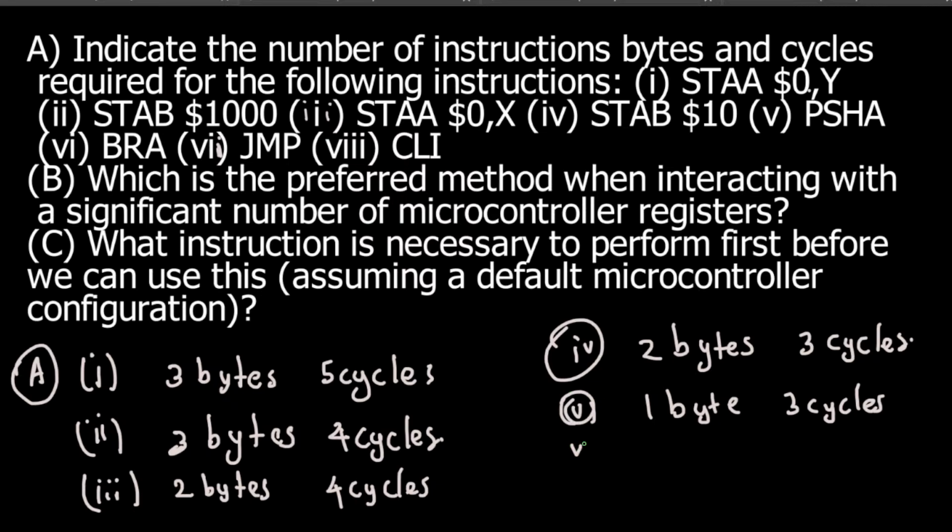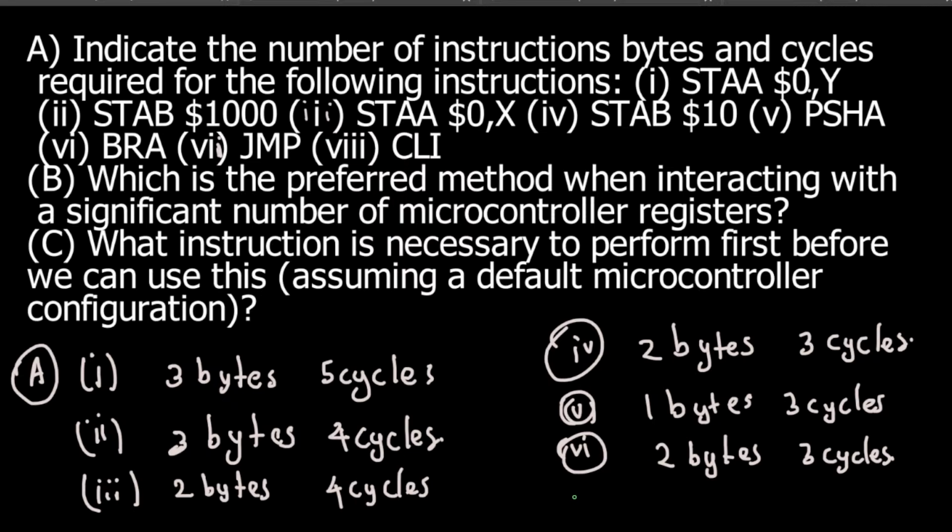And then the sixth one we have BRA, branch to a new address, that's going to require 2 bytes, 1 for the opcode and 1 for the offset value that says where it's going to branch to. So this is 2 bytes, and that takes 3 cycles. And then we have JMP.